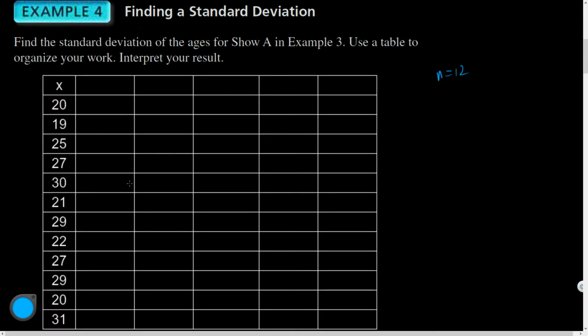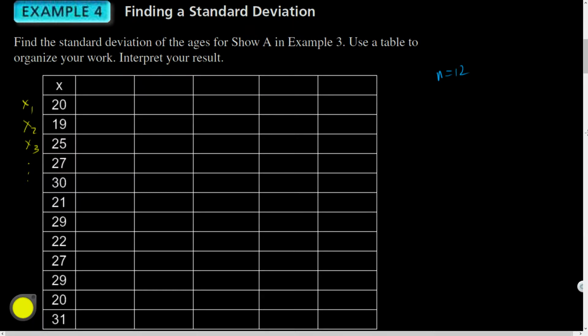And if I want to find the standard deviation, so you guys have this table. Follow along. Help each other out. Okay, that's just the name of it. So I would refer to 20 as x1, 19 as x2, 25 as x3, etc. All right, x sub 12 would be my last value, which is 31. These don't happen to be in order, but that doesn't matter.